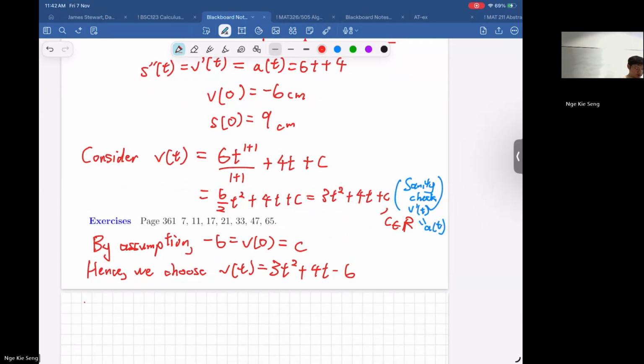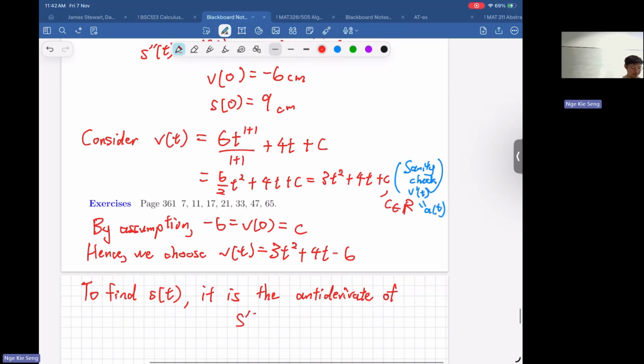To find x(t), it is the antiderivative of x'(t), which is equal to V(t).